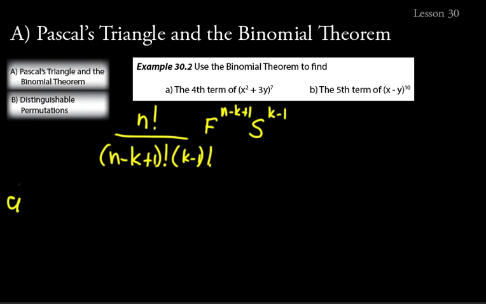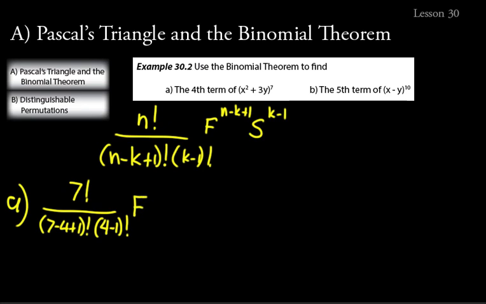So for A, we want the fourth term of (x squared plus 3y) to the 7th. So n, that's our power of the binomial, 7. So we do 7 factorial over 7 minus k. k is which term we want, the kth term, so it's the fourth term. So we'd say (7 minus 4 plus 1) factorial times (4 minus 1) factorial, times f. We'll just say f right now, we won't substitute the variable in yet.